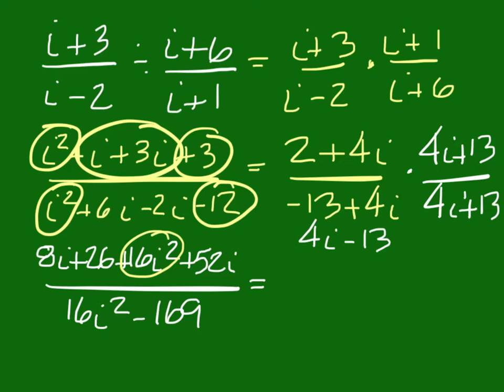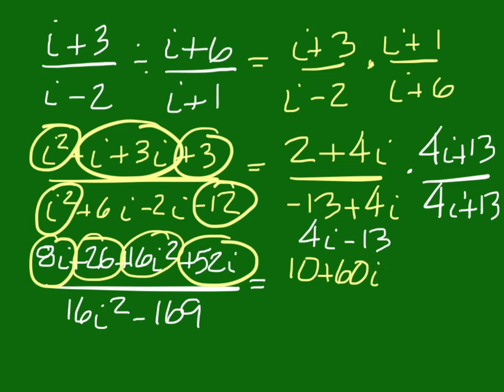This is a negative 16, and we have 26, so that would give us a 10. 8i and 52i is 60i. And then on the bottom, we have a negative 16 minus 169 would be a negative 185. Is that right? Yes. Negative 185.